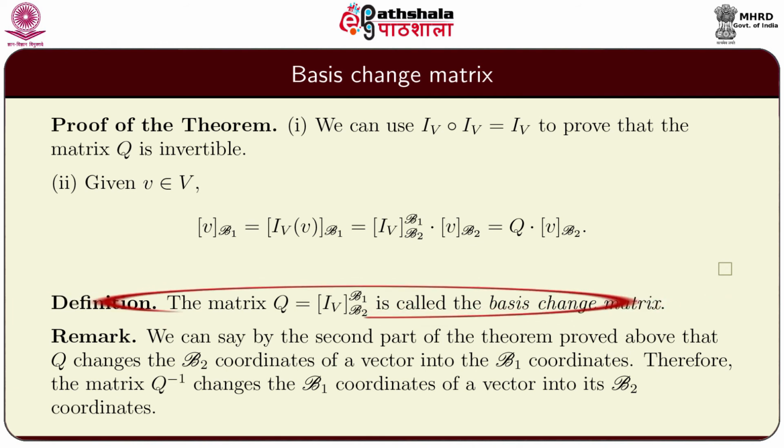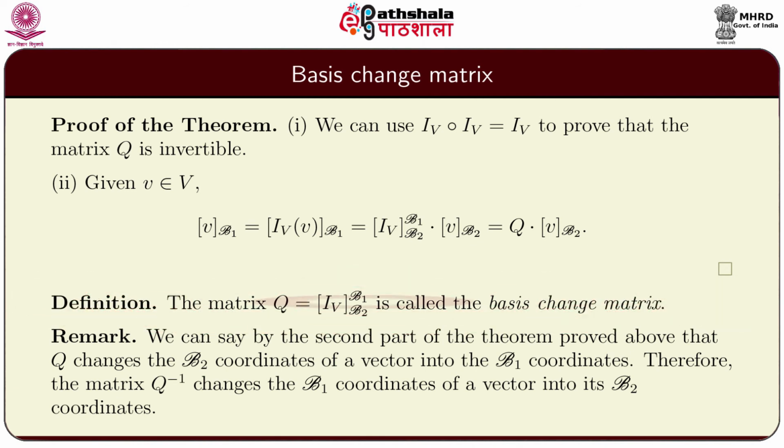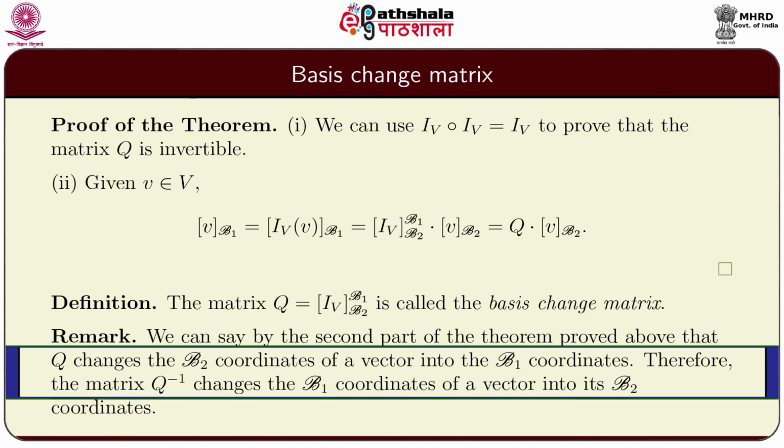Now, this matrix Q, which is the matrix representation of the identity operator on V with respect to the bases B2, B1, is what is called the basis change matrix. By the second part of the theorem proved above, Q changes the B2 coordinates of a vector into its B1 coordinates.